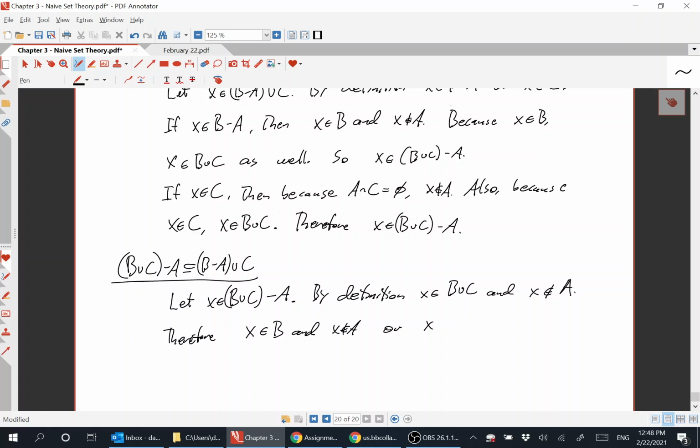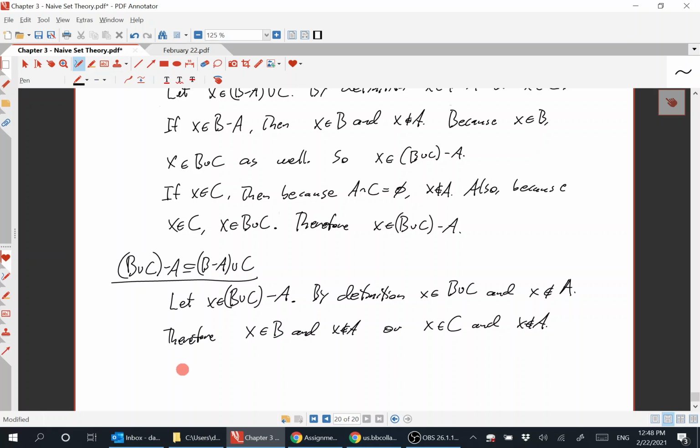So there are two cases again, because you've got this union. That means X is in B, and in that case, X is not in A as well. Or X is in C and not in A.